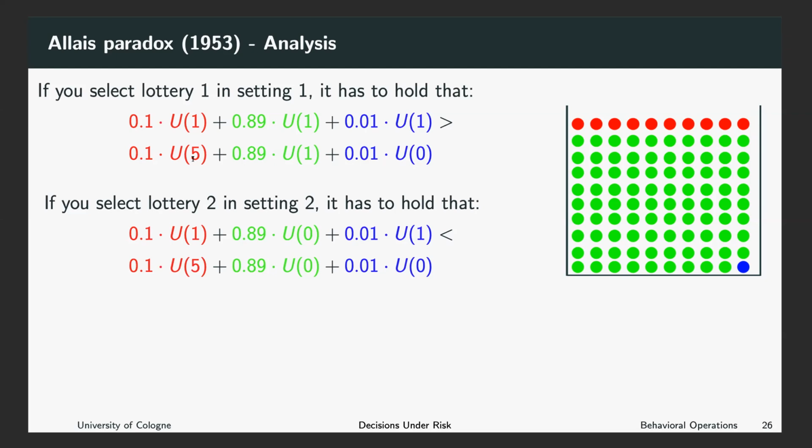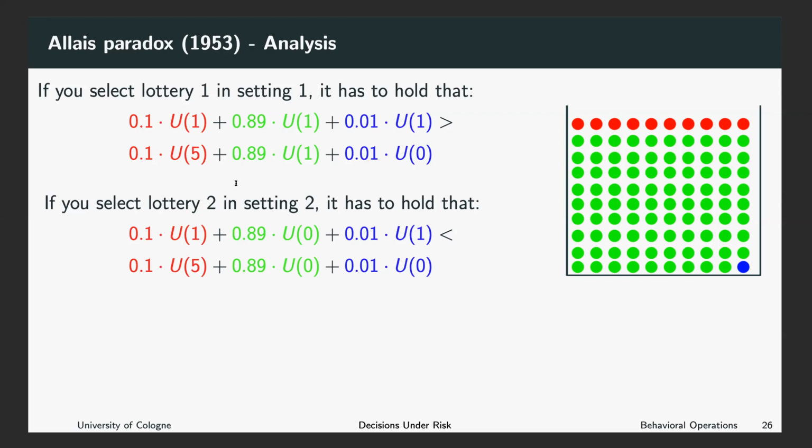So in case a red ball is drawn, you're better off with lottery 2 than lottery 1. If a green ball is drawn, it's the same if you took lottery 1 or lottery 2. And if a blue ball is drawn, then lottery 1 is better than lottery 2.